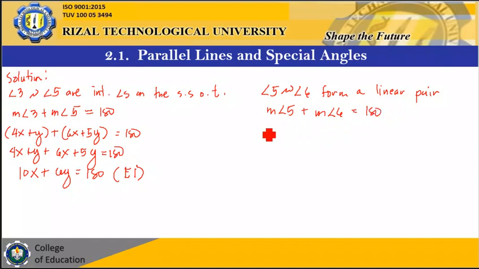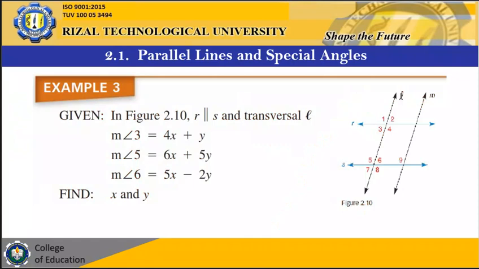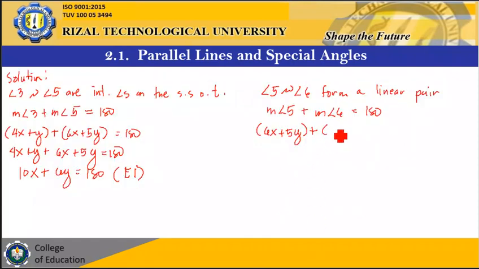And by substitution, we know that angle 5 is 6x plus 5y plus the measure of angle 6 is 5x minus 2y is equal to 180.